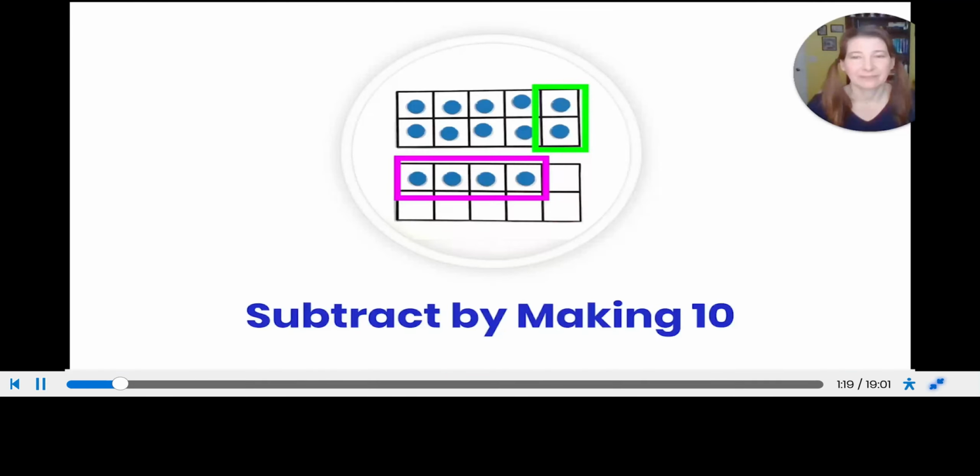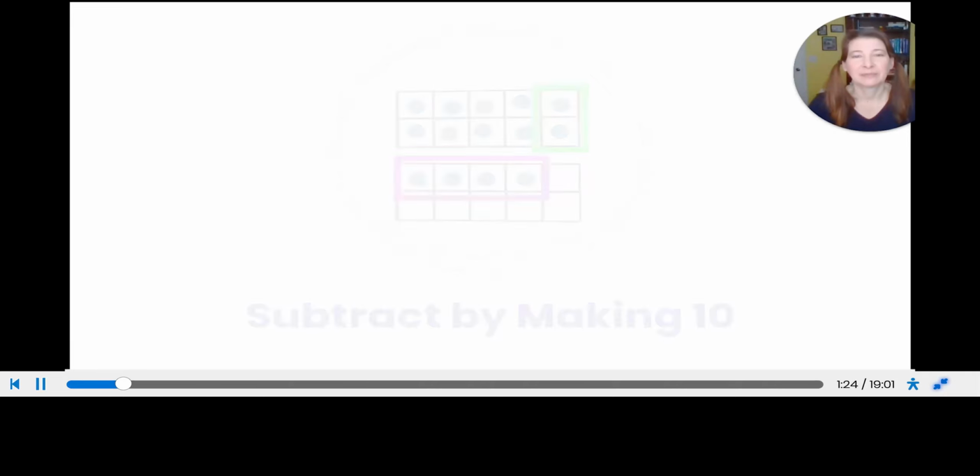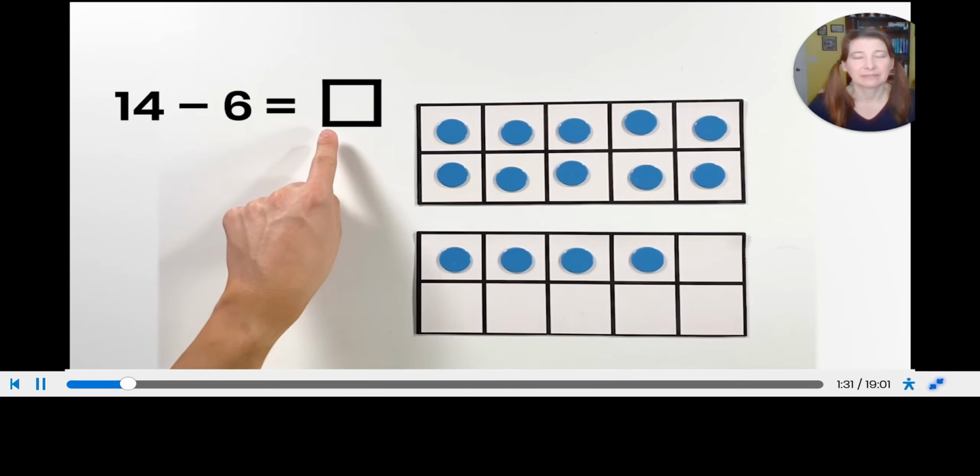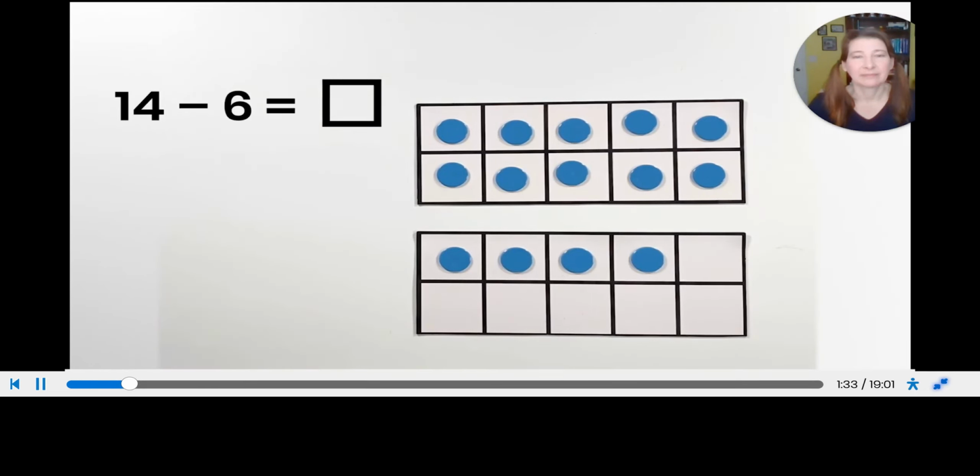Another strategy you learned is called making a 10. Let's watch a video to review that strategy. Let's solve this problem. 14 minus 6 equals what number by first making a 10 and then subtracting from that 10? When we use this strategy, we don't take away all 6 counters at once.